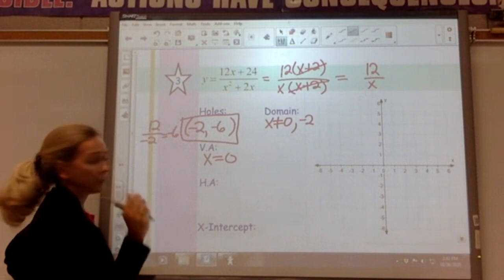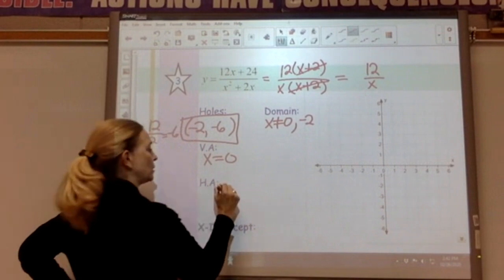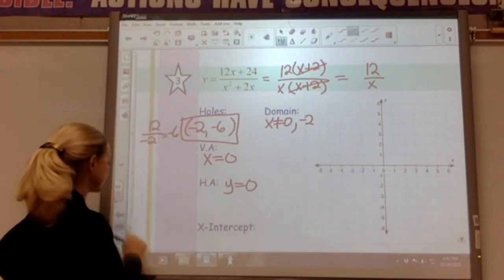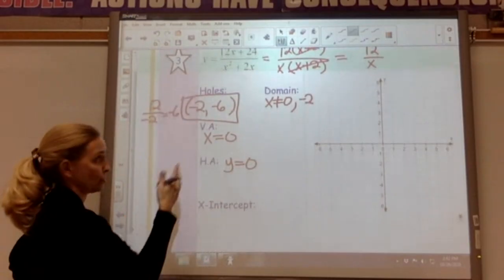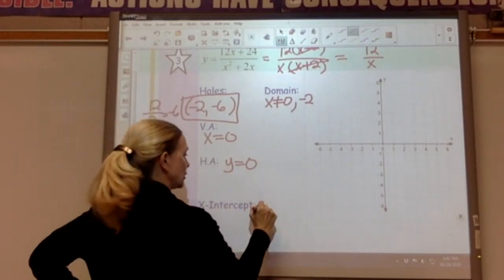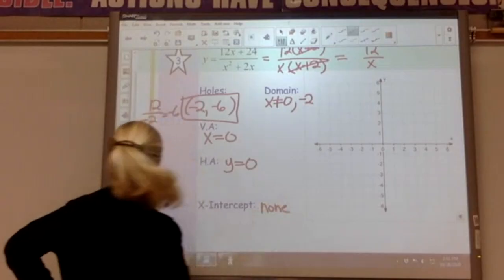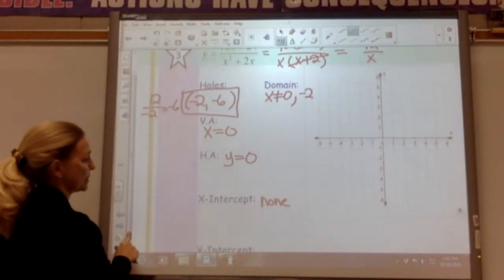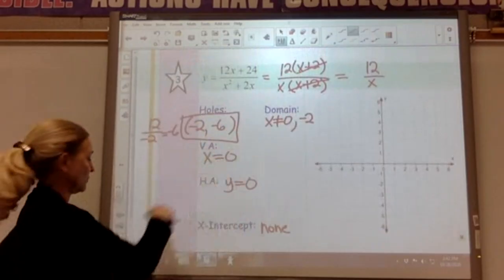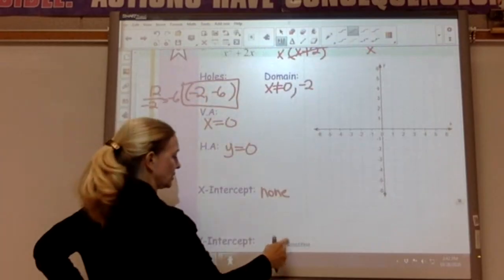Horizontal, the denominator degree is larger, so it's going to be y equals 0. The x-intercept, when I set the numerator equal to 0, I have 12 equals 0. It doesn't make any sense, so there's none. And then y-intercept, plug in 0, but that will give me 12 over 0, so you can't divide by 0, so this is none.